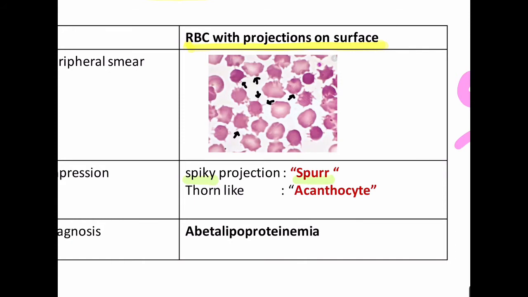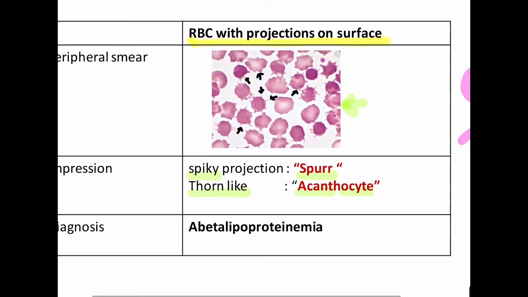Spiky and spur. And you can also say that these projections are thorn like, they are pointed. Okay, and in the Latin we call thorn acanthos, and that's why we can also call them acanthocyte, cell with thorn like projection, acanthocyte. So spur cell and acanthocyte will be the peripheral smear diagnosis of this smear.